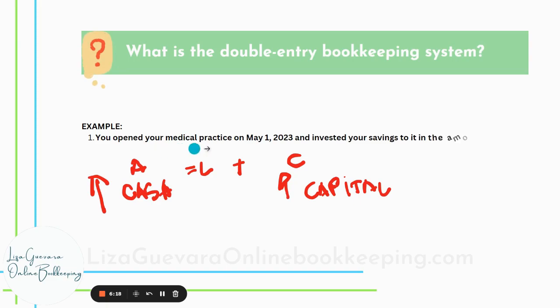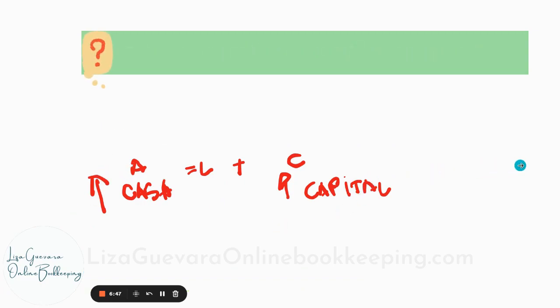For example, you opened your medical practice on May 1, 2023, and you invested your savings to it in the amount of 100,000. Upon investment, you will increase your cash by 100,000 and your capital. So these are the accounts which will be affected by investing your money to your business: increase in cash and increase in capital.